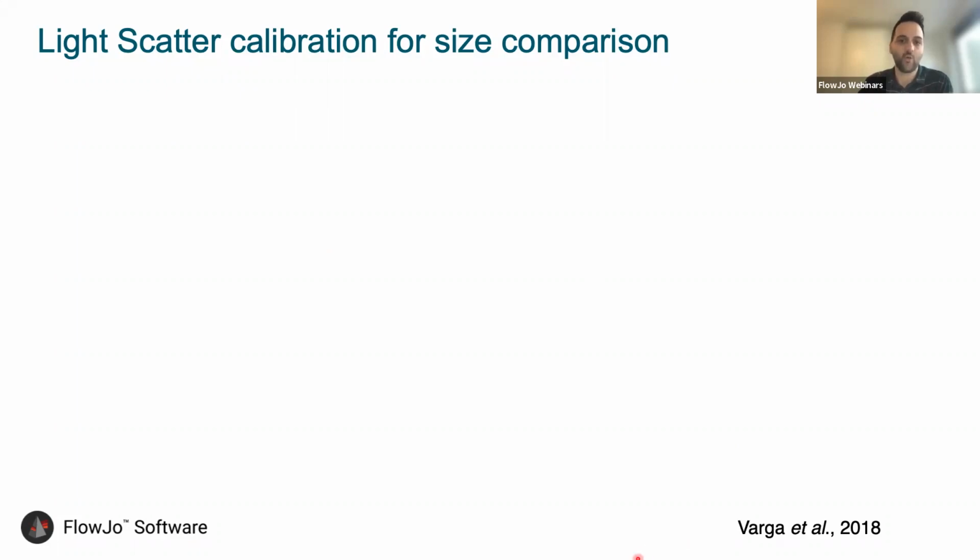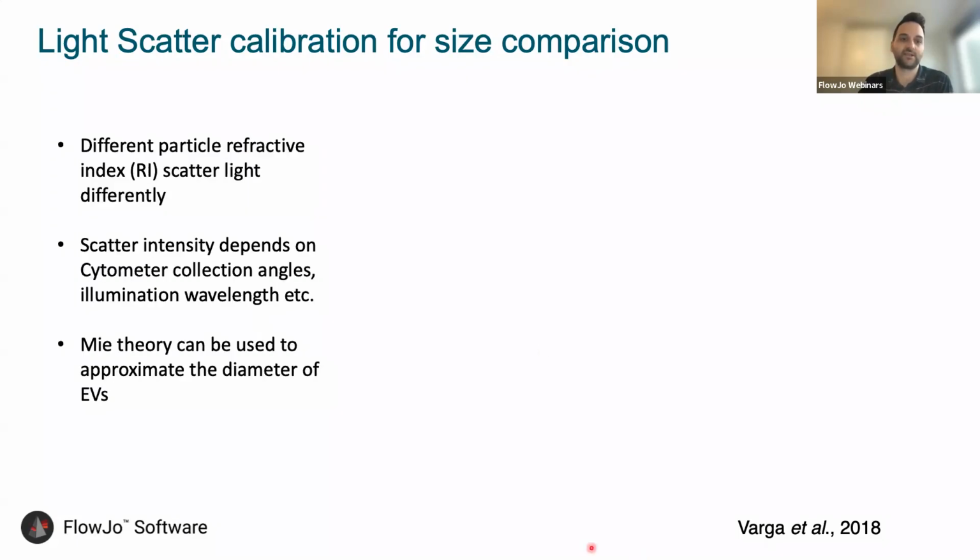Depending on how well the particles that we study scatter light, something termed refractive index, different particles with the same size can have different scattering intensities.